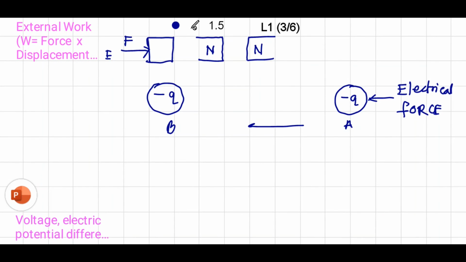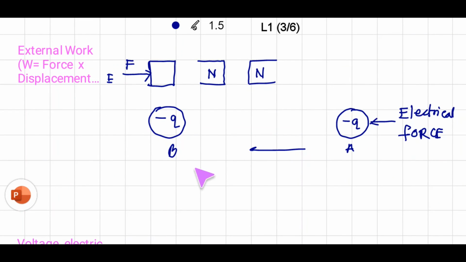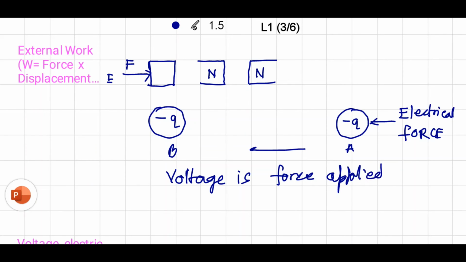Or the voltage. So friends, we now understood that voltage is nothing but force applied on the charge.